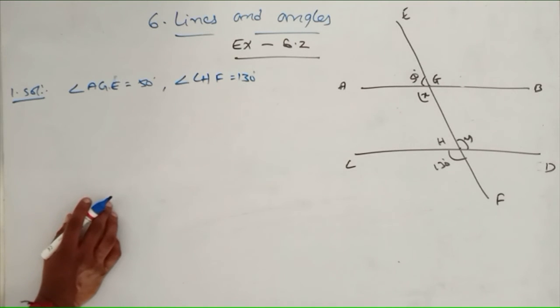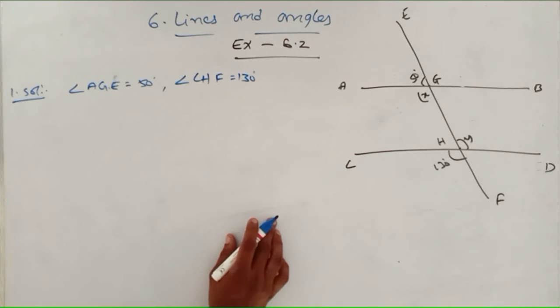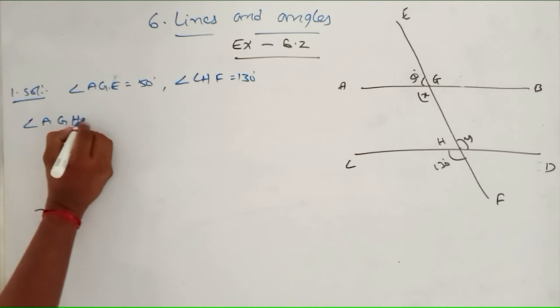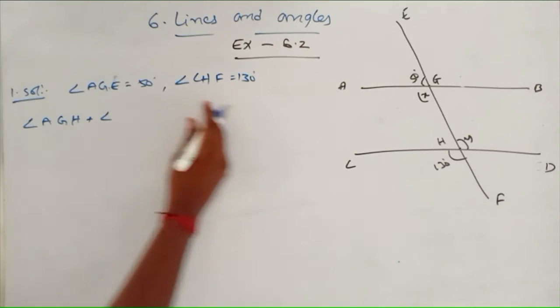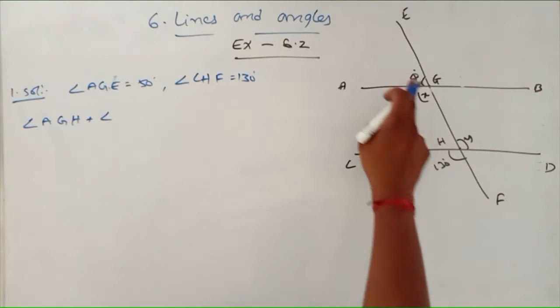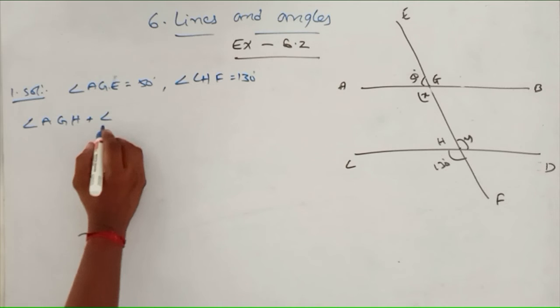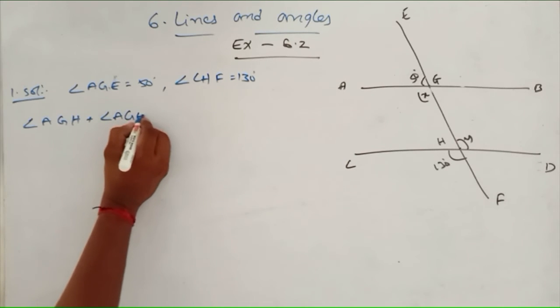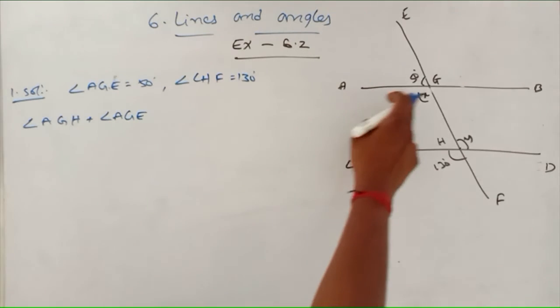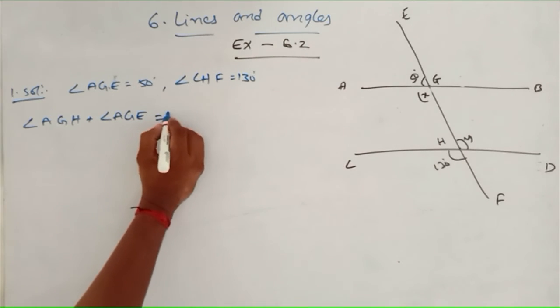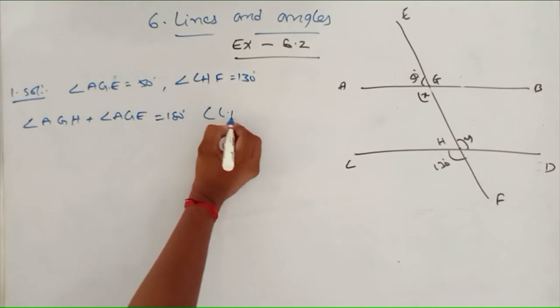I have to find the values of x and y, and also prove that AB is parallel to CD. Now here angle AGH plus angle AGE is equal to 180 degrees because it is a linear pair.